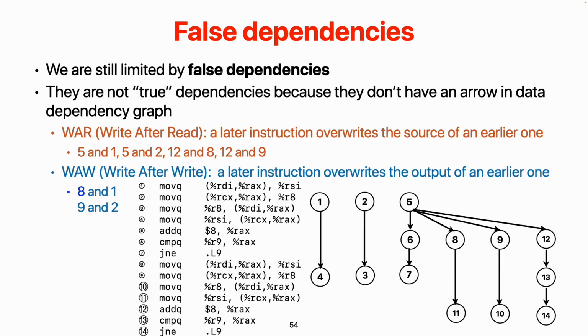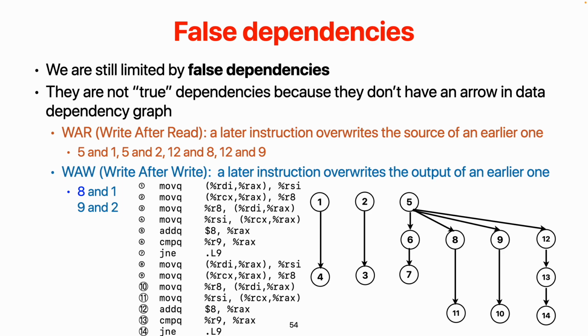The other case where we cannot reorder is called write after write. It means that a later instruction is trying to overwrite an output of an earlier instruction. If you try to do that, the outcome of the earlier instruction is going to vanish, and your code will also be incorrect.